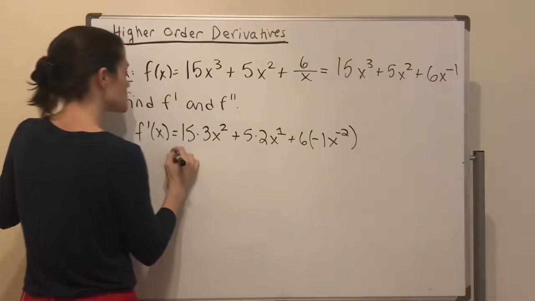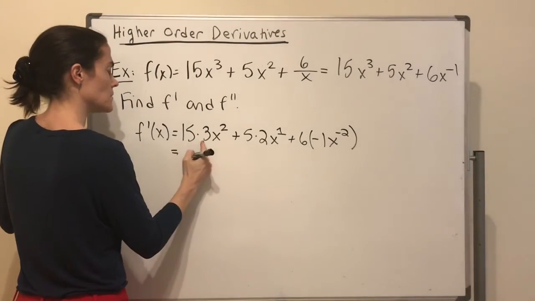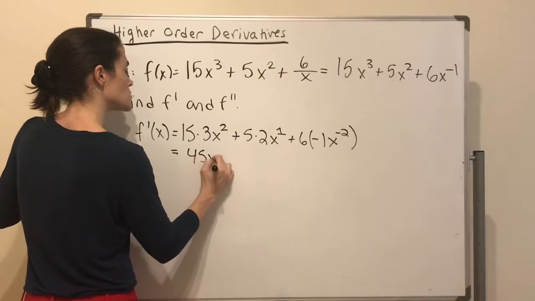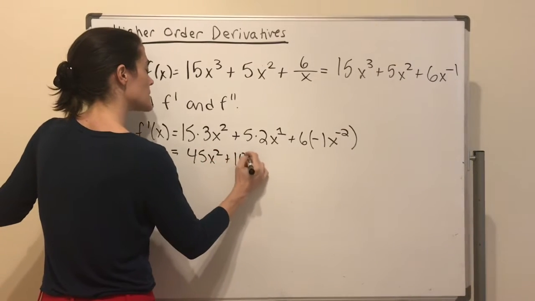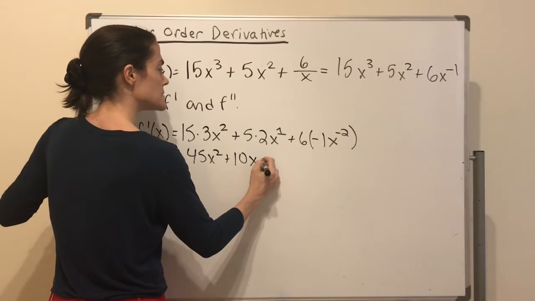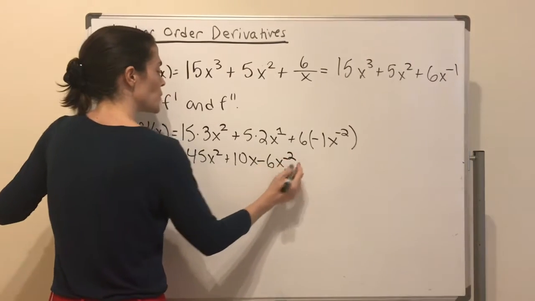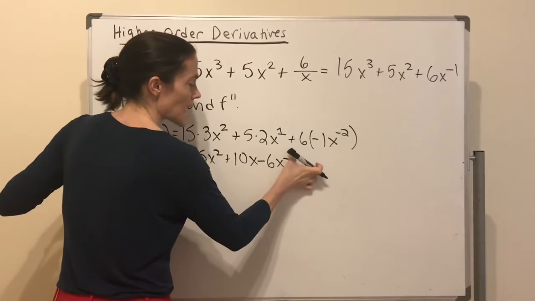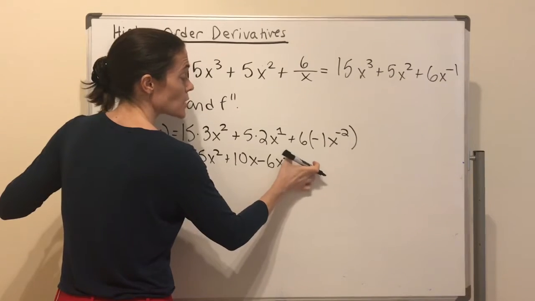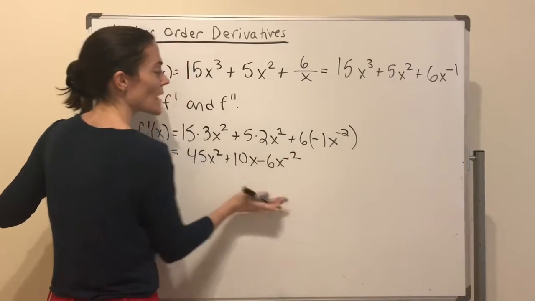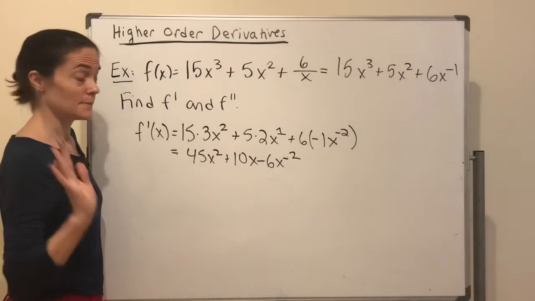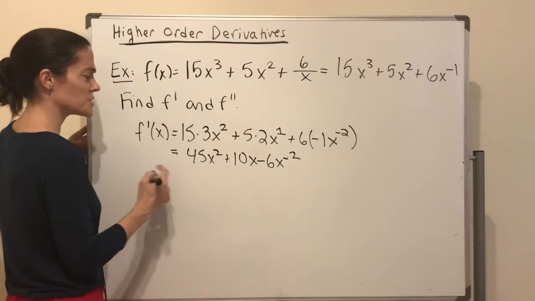Okay, so the first derivative is 45x squared plus 10x minus 6x to the minus 2. We could write this as minus 6 over x squared, but especially because I'm going to differentiate again, I will leave it like this.